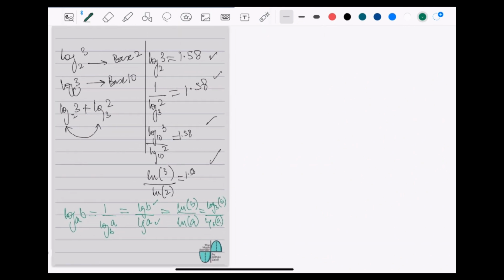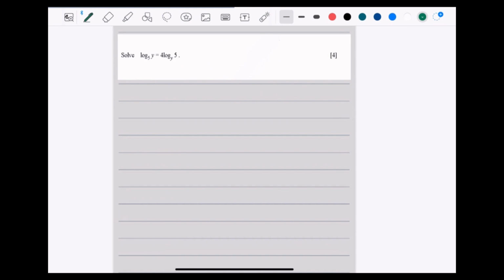So let's see some of the examples where they are applied. Here you can see that they are both related in a manner where one is the base and the other one is right there, and hence there is a change. So I can write this as log 5 of y, with 4 over it as the denominator, because log a of b is the same as 1 over log b of a.